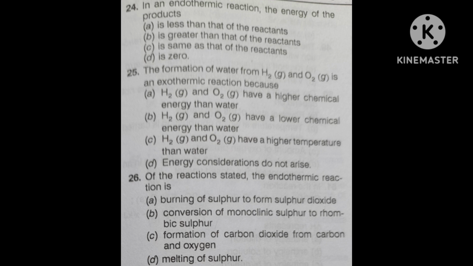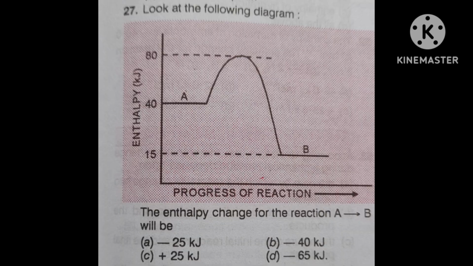And one more question I want to discuss, today's last question. A diagram is given. The diagram is enthalpy versus progress of reaction. Enthalpy is the y-axis, progress of reaction the x-axis.